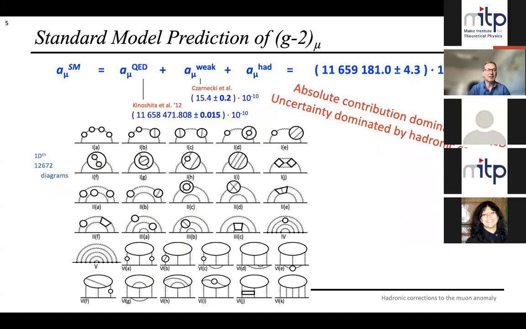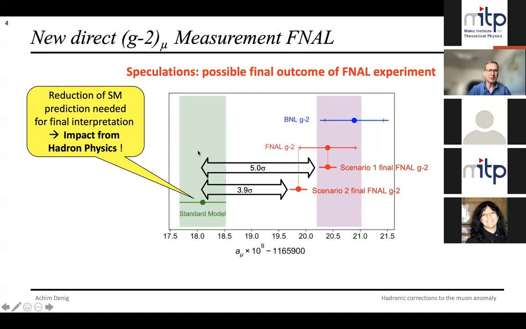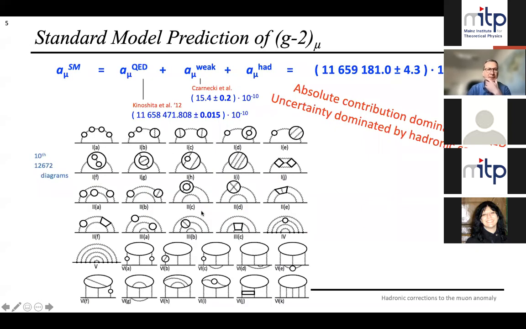Okay, so let's look into the numbers. Let's look especially at the uncertainty of the standard model prediction and the central value. As you can see, the central value is completely dominated by the QED corrections. So the final number, which was shown on the previous slide, is this one, and it is very similar to the QED prediction.